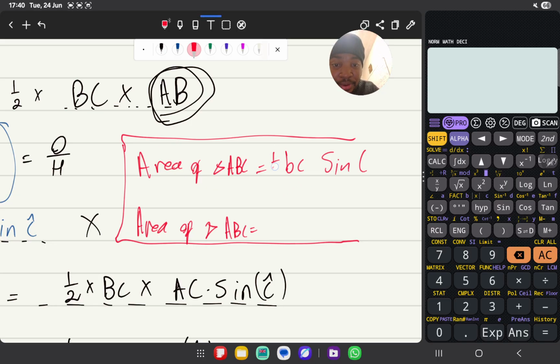Oh, I forgot the half. So it's half BC, therefore the angle is going to be angle A. I think with that you can already guess what the formula here is going to be: half, we had sine A, we had sine C, what's left is sine B. That means we will have AC and then sine B, right? And then you are done.